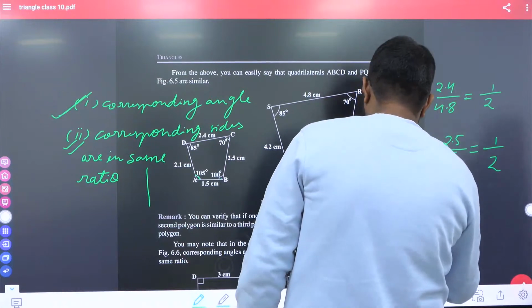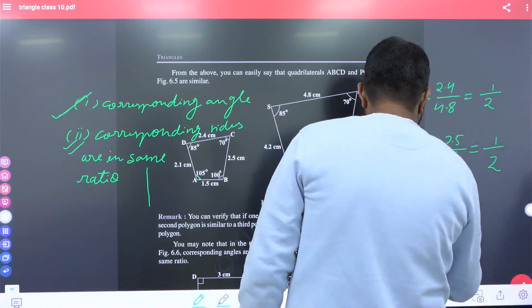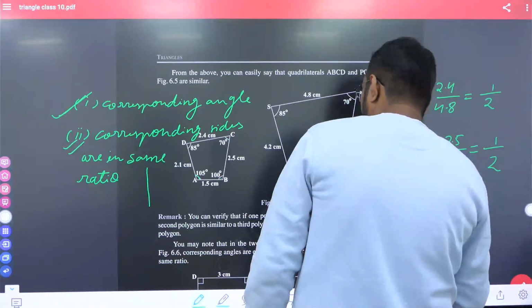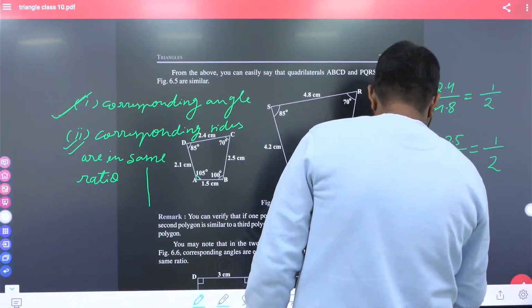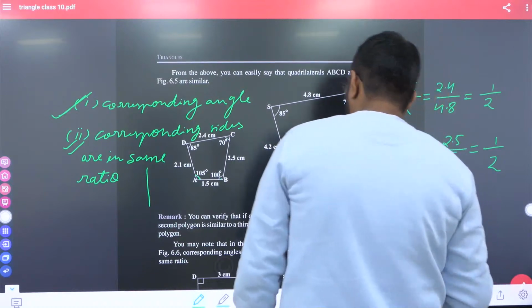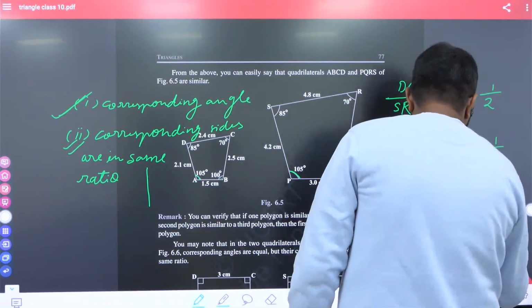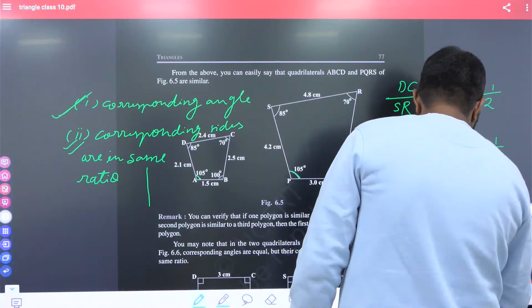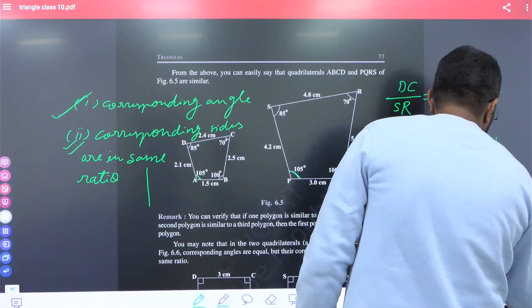Similarly, AB upon PQ. AB is 1.5, PQ is 3. This is also 1 by 2.